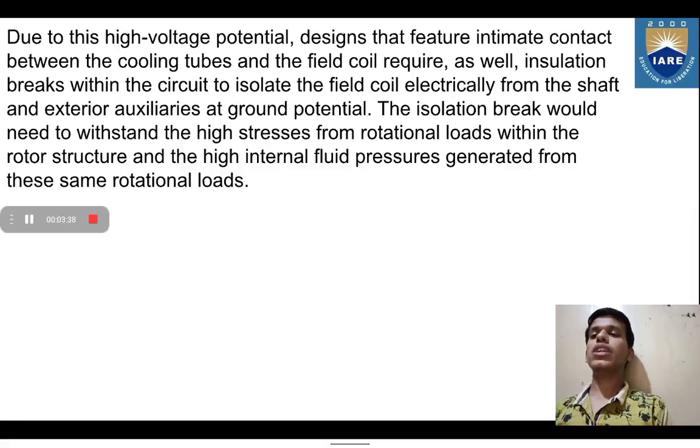Due to this high voltage potential, designs that feature intimate contact between the cooling tubes and the field coil require insulation breaks within the circuit to isolate the field coil electrically from the shaft and exterior auxiliaries at ground potential. The isolation break would need to withstand the high stresses from rotational loads within the rotor structure and the high internal fluid pressure generated from these same rotational loads.